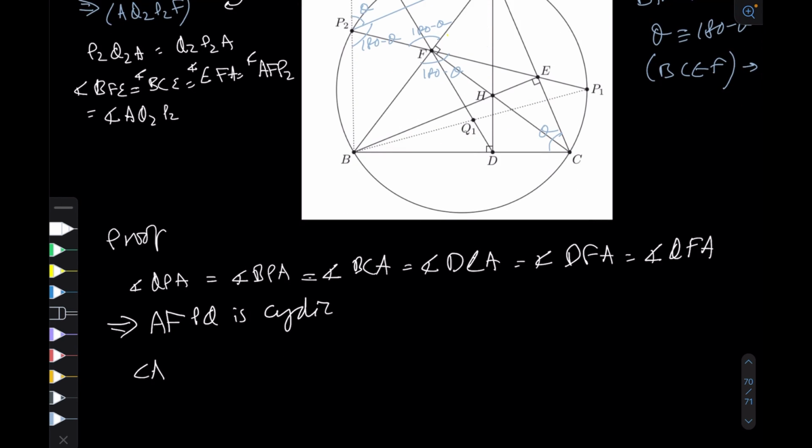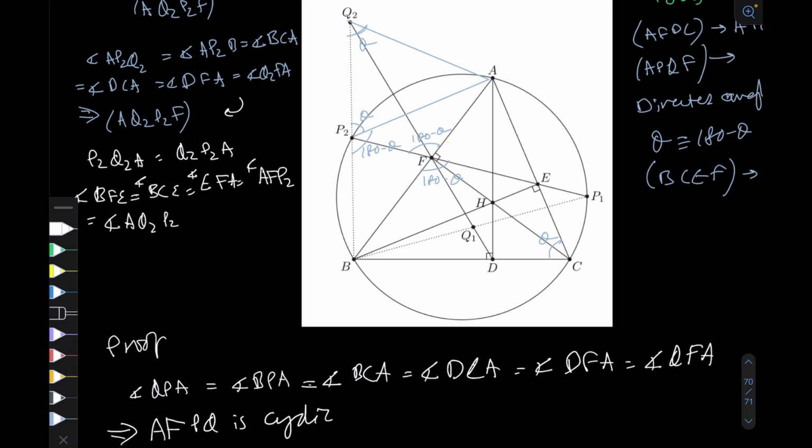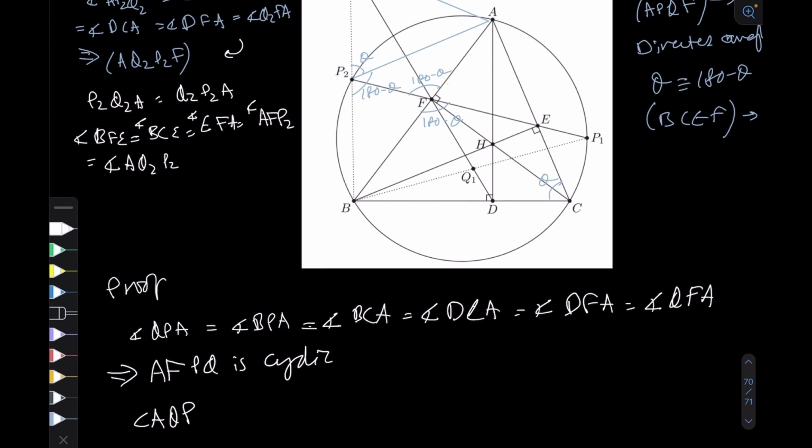Therefore, if we start with AQP, it must be that directed angle AQP is equal to directed angle AFP because they are cyclic.